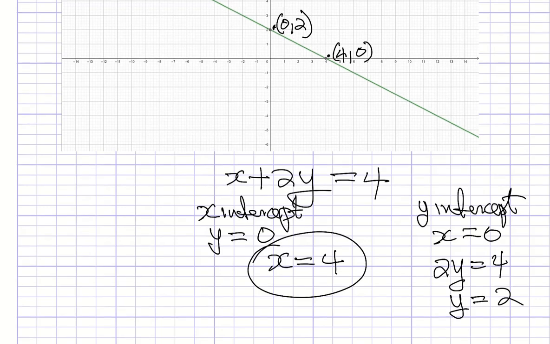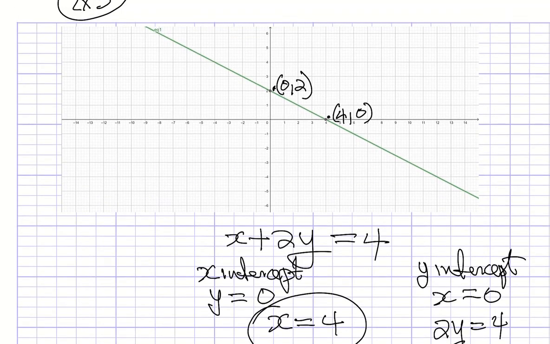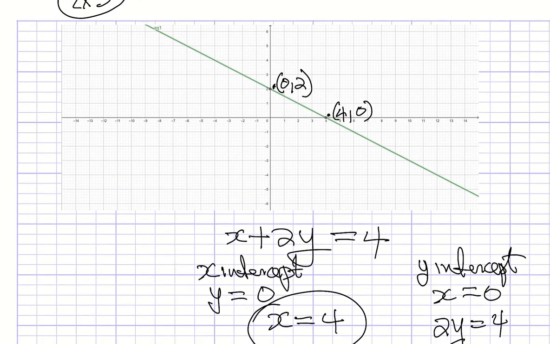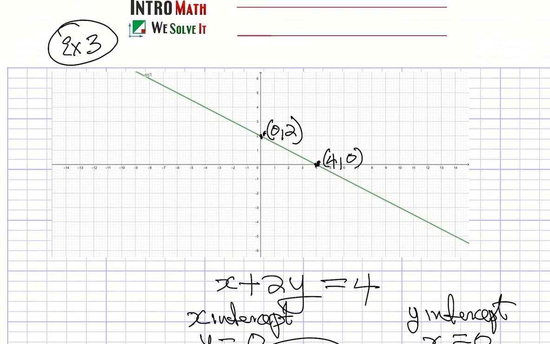You see it right there. Once you find those two points, you write this as 4, 0, ordered pair, and this one is 0, 2. You put them there, put a ruler there and draw the graph. That's how you do that.